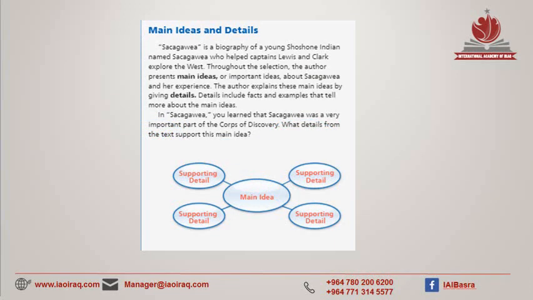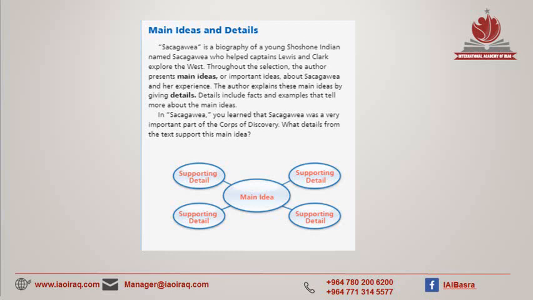Main ideas and details. Sacagawea is a biography of a young Shoshone Indian named Sacagawea, who helped Captain Lewis and Clark explore the West. Throughout this section, the author presents main ideas or important ideas about Sacagawea and her experience.